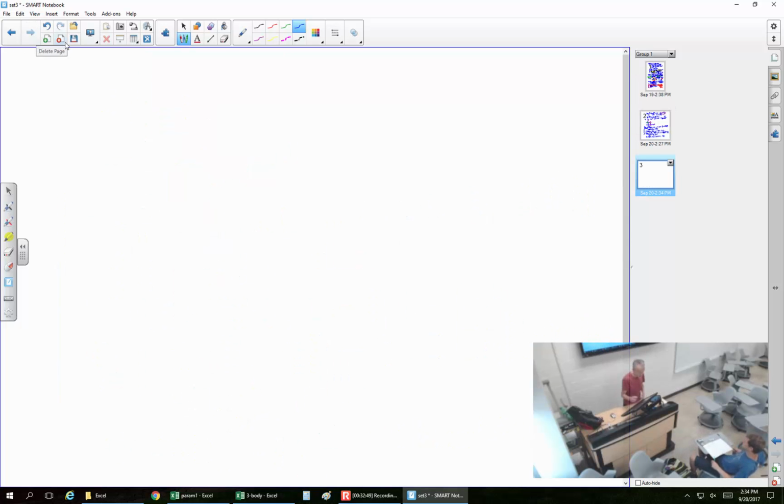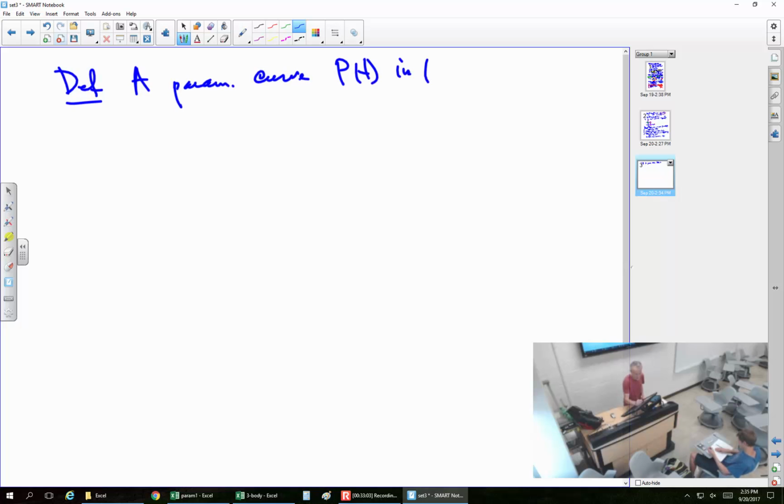Let me state then the definition of continuity of a parametric curve. A parametric curve P of t in R^n is continuous at t equal to t naught if that part of the definition is exactly the same.